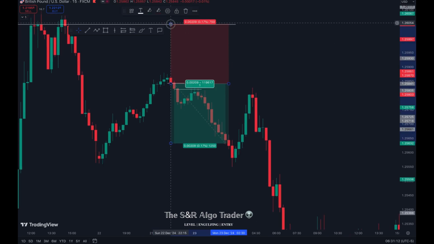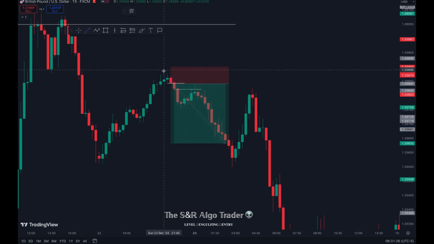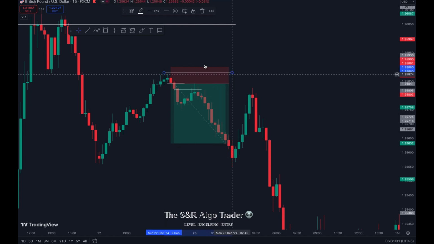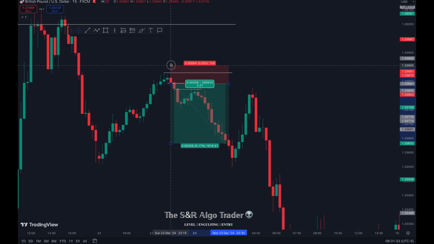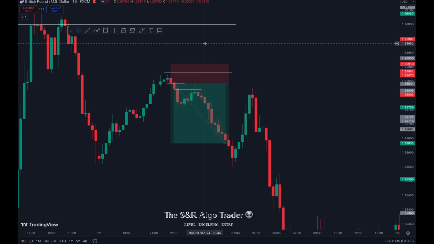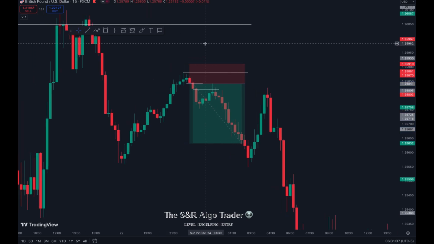Then your SL, you can put your SL here, the high of the first candle that created the fair value gap. But to be safe, I just put my SL here, 5 pips above the high. That's here. To be safe.